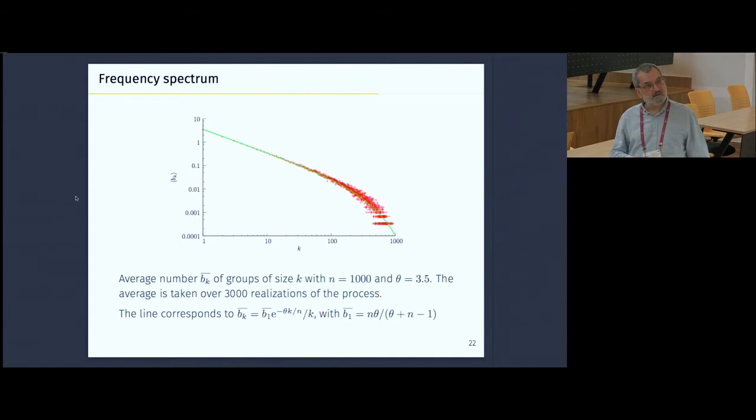It goes like 1 over k, and then it's cut exponentially at a value of the order of n divided by theta. So this is what you get. Out of this, you have, again, a way of evaluating theta pretty well by looking at the deviation from the 1 over k behavior.